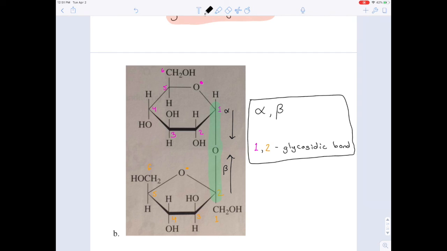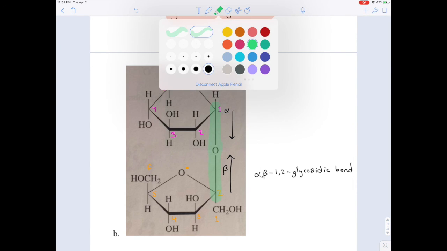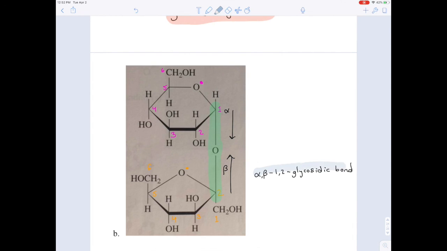So you describe this as an alpha-beta 1,2 glycosidic bond, and you'd put it all in front. And that would be our glycosidic bond. So that answers just one part of this question, but it is the most important part in the sense that now everything will fall together.